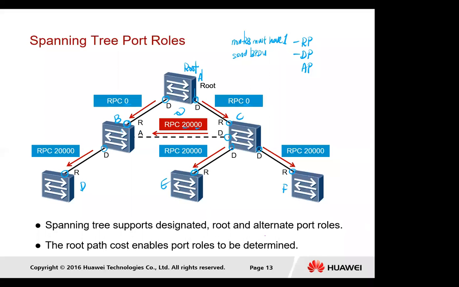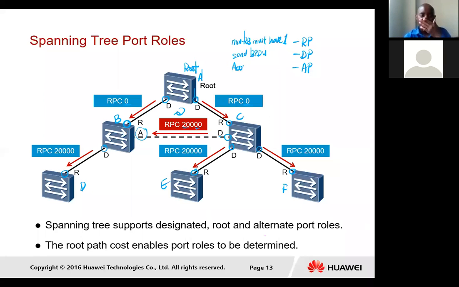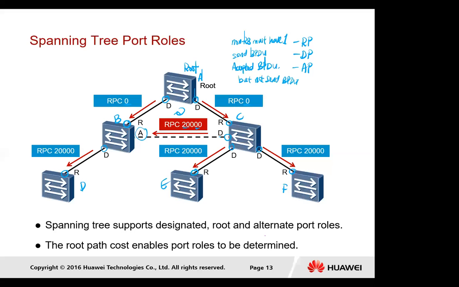You see that on switch B itself, there is one called alternate. This is the designated, this is alternate. When it's alternate, you will just accept BPDU, but not send BPDU. So the alternate port is only receiving, but it is not sending out BPDU.